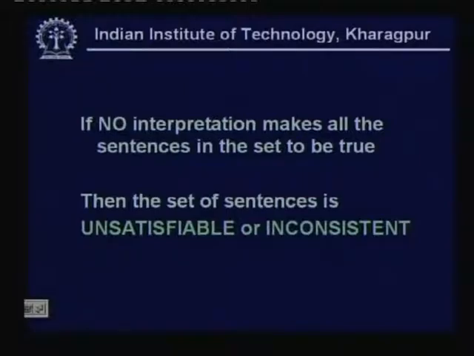So, this is a very important notion, satisfiability. Briefly speaking, it means that given an interpretation, if a sentence evaluates to true, then that interpretation satisfies the sentence. The sentence is satisfied under that interpretation.